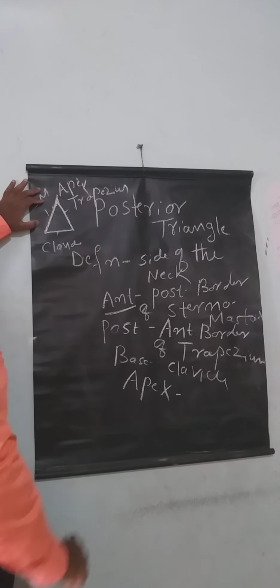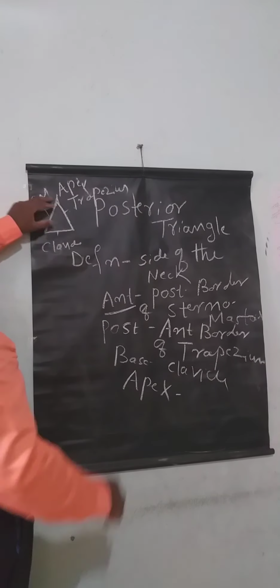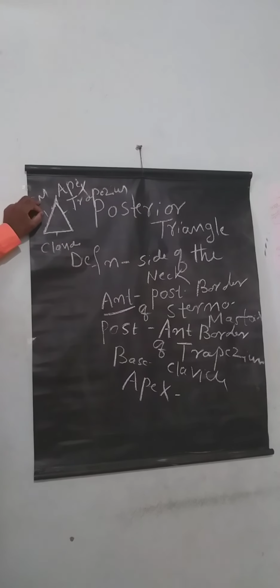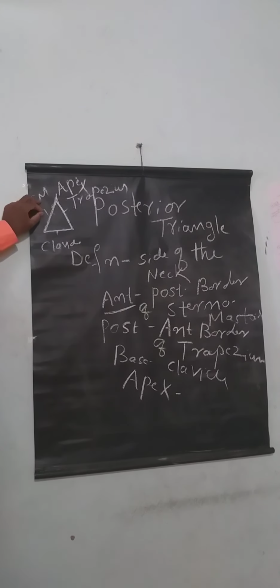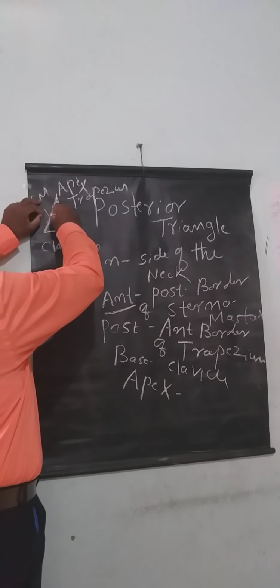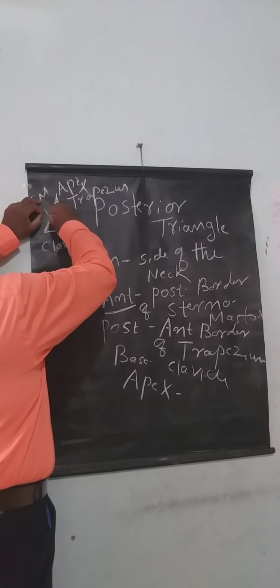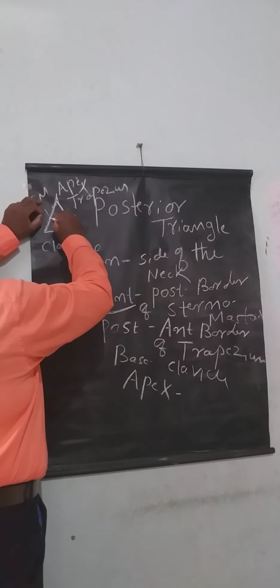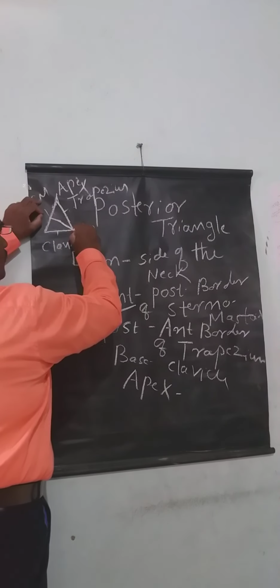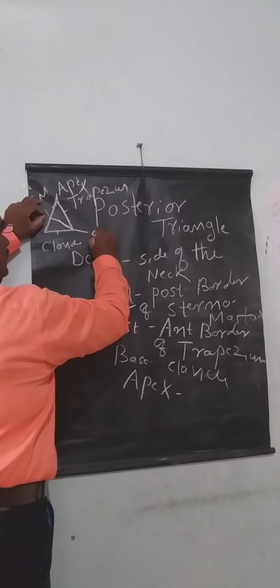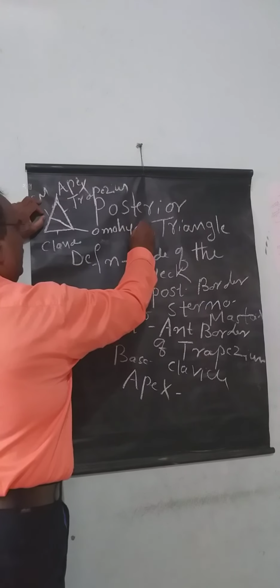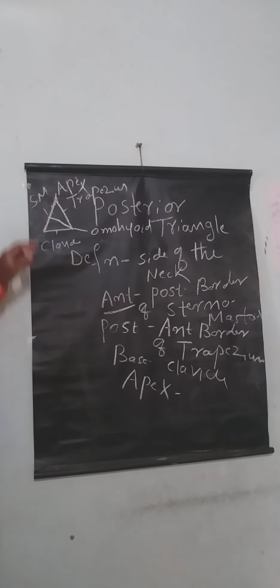They are often truncated. Truncated means they meet at a right angle. This triangle is divided into two by the superior belly of the omohyoid muscle.